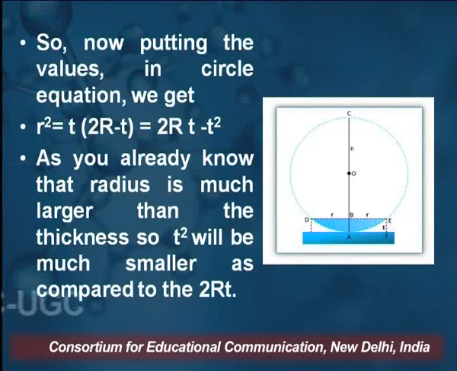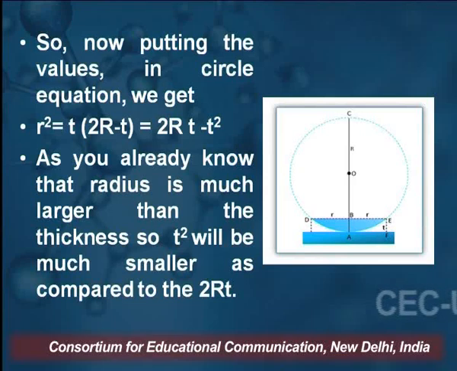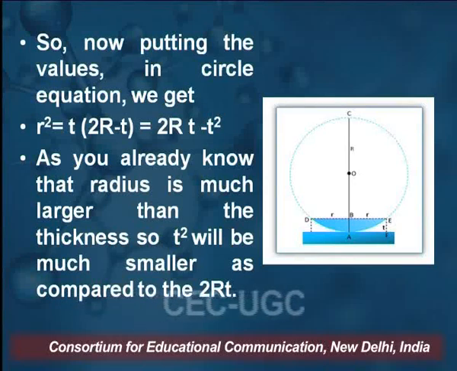So r square is equal to t, the thickness, into 2R minus t, which is equal to 2Rt minus t square. We are taking t as the thickness, and second, we subtract the thickness from 2R, taking the lower part of the plano-convex lens.